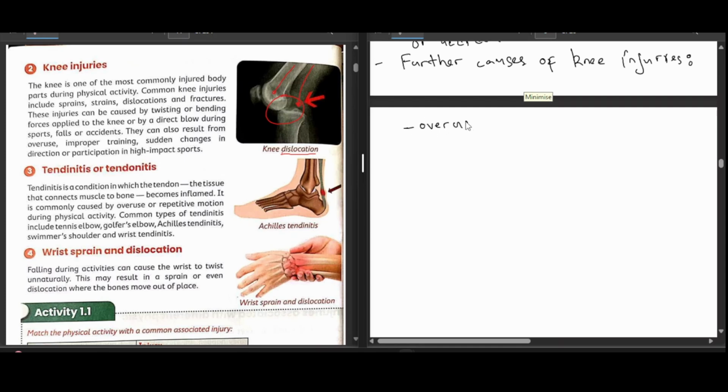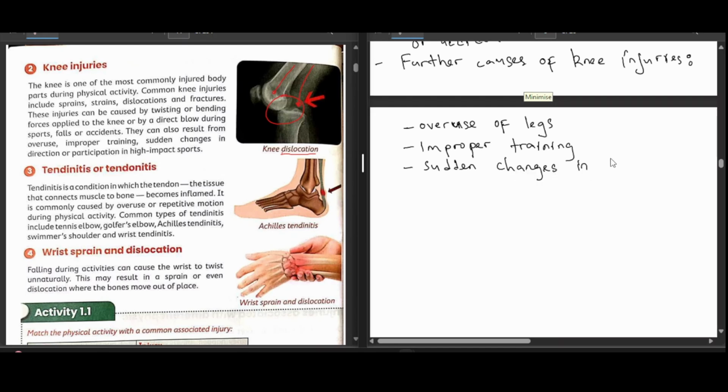Overusing your legs can lead to knee injuries, because the knee is part of the leg. What else? Improper training. You have to be trained properly. So improper training is also a cause of knee injuries, and so are sudden changes in direction.